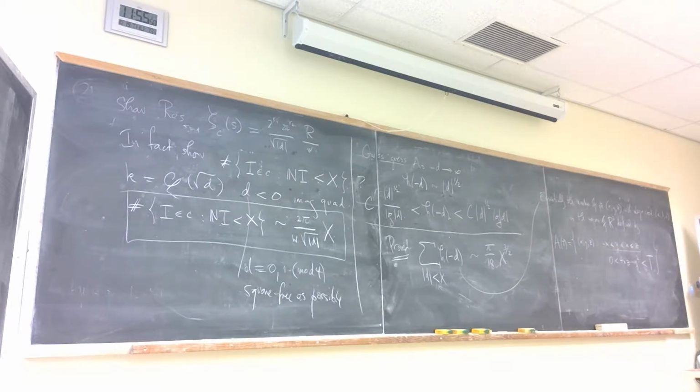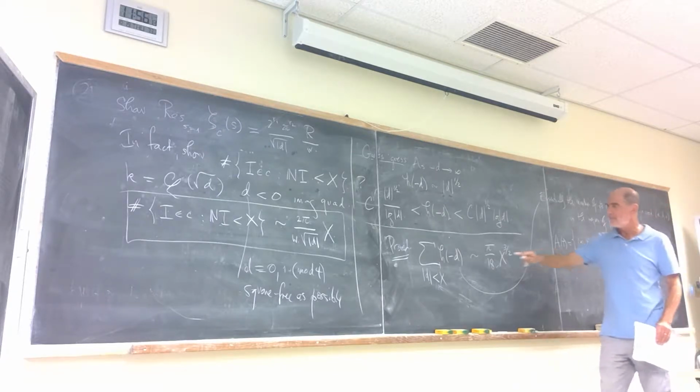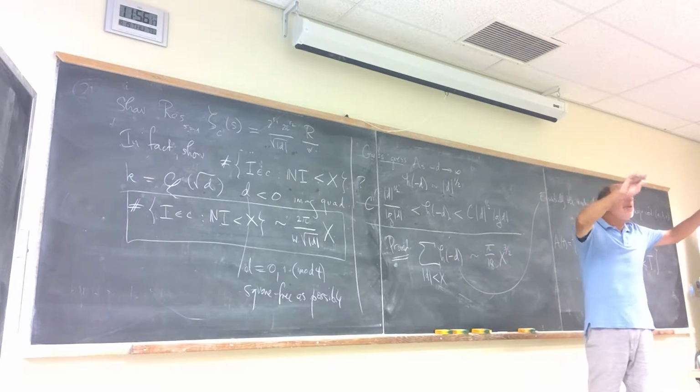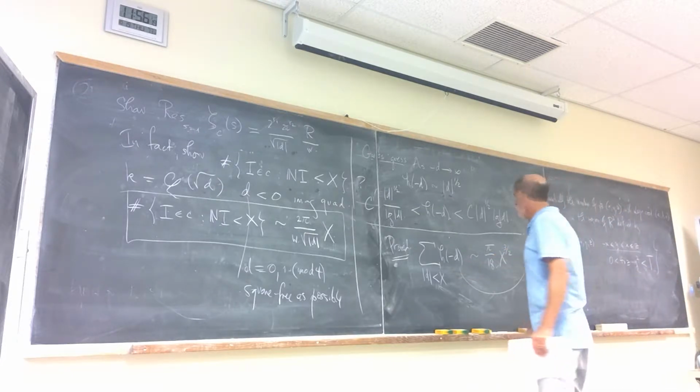I mean, these are special cases of that, which are on the boundary, and I put the boundary in. And this says that we're going from all negative discriminants from 1 up to t. And so I get this many things, modulo a little bit of worry about the boundary and things like that.